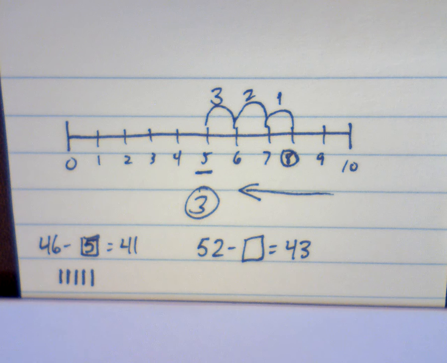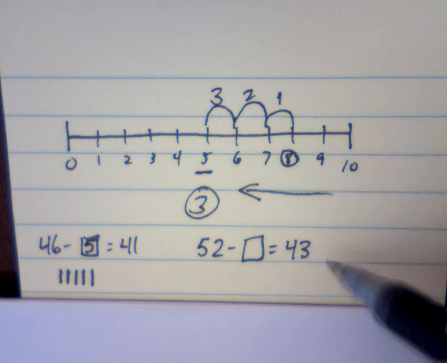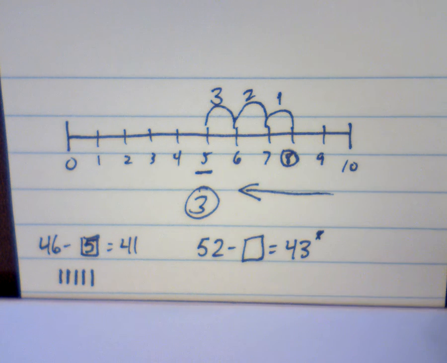Now I would like you to try and solve this question on your own. 52 minus this number equals 43. Remember the two techniques I showed you, the lines and using your fingers to count. Okay, some time has passed.